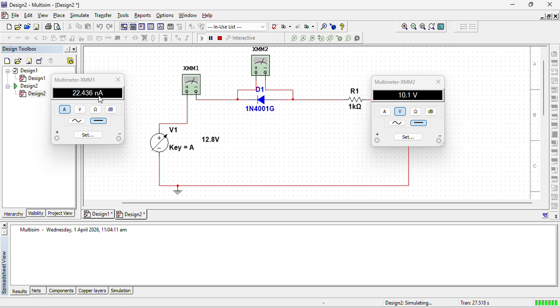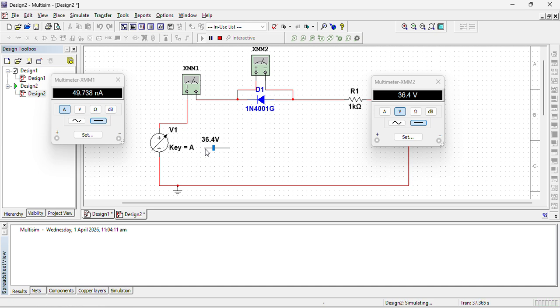So we are still increasing the voltage. At 30 volt, the complete 30 volt is across the diode, still the current is nanoampere, which is almost zero. Still increasing the voltage. We know its breakdown voltage is 50. So of course around 50 volt this will break down.